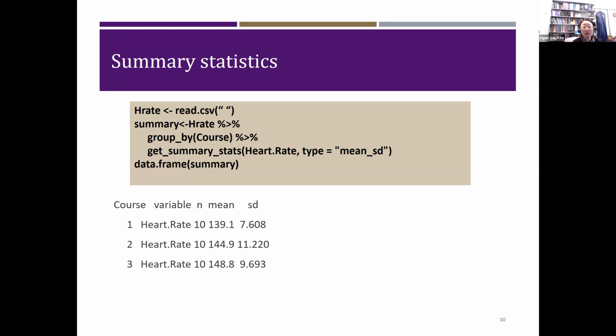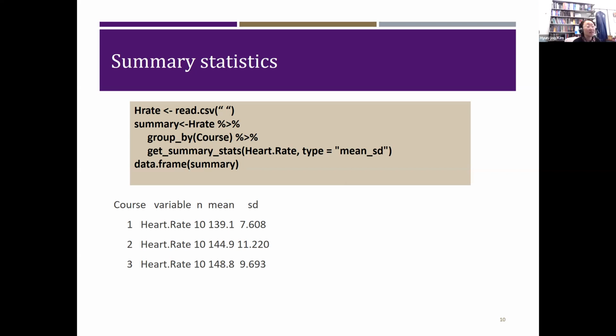Now we can get a summary table by using the get_summary_stats function, which is a function in our statistics package. For the group variable course, the get_summary_stats function will return the sample size, mean, and standard deviation with the mean_sd type.